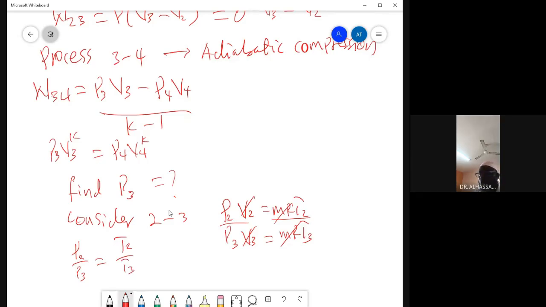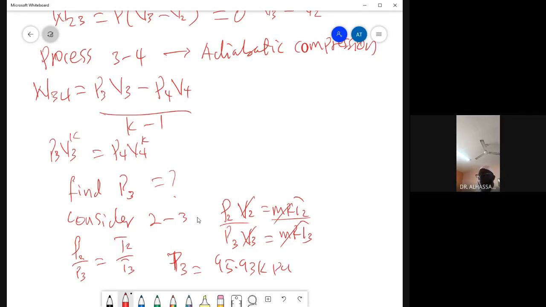T3 we know already. P3 is what we are interested in. P2 also we know already. If you calculate this carefully, P3 will give us 95.93 kilopascal.